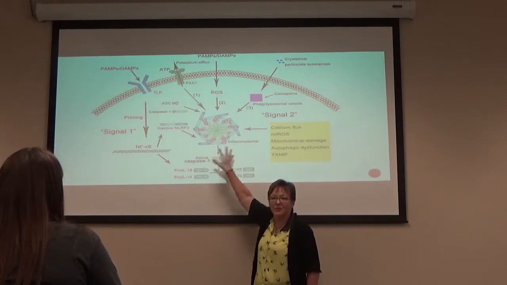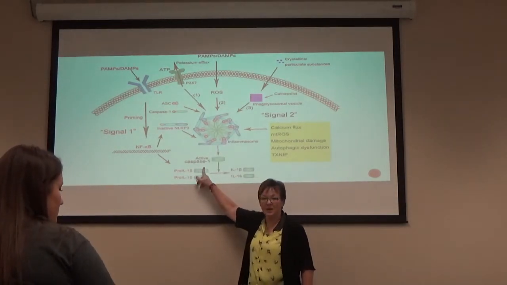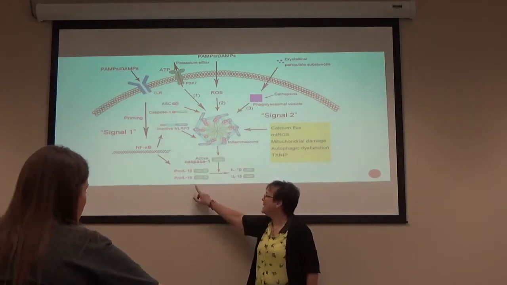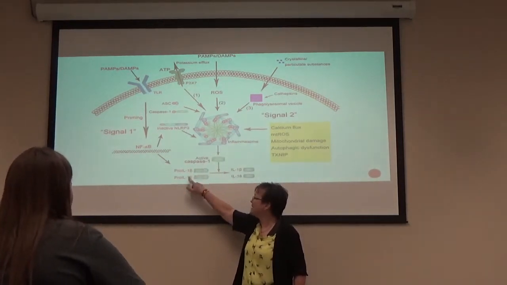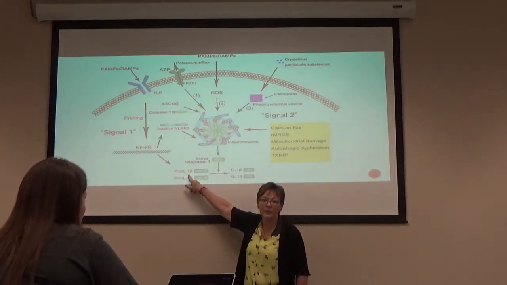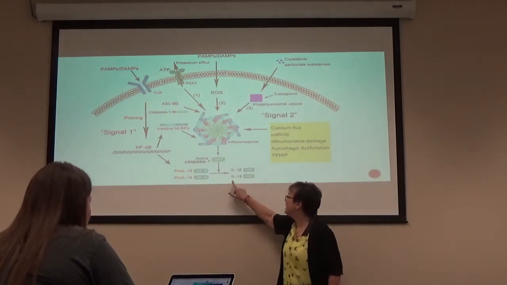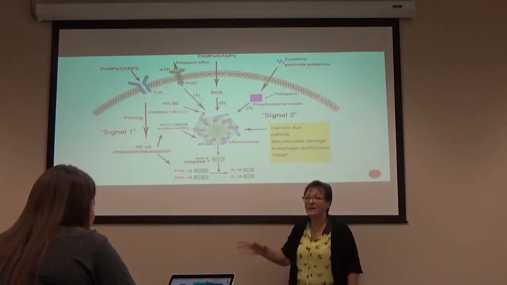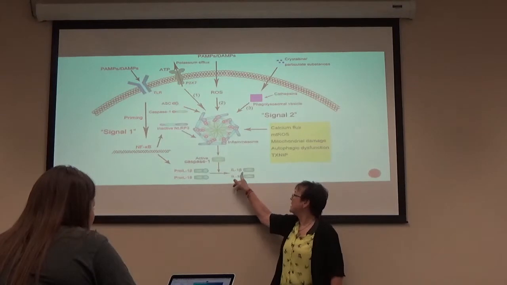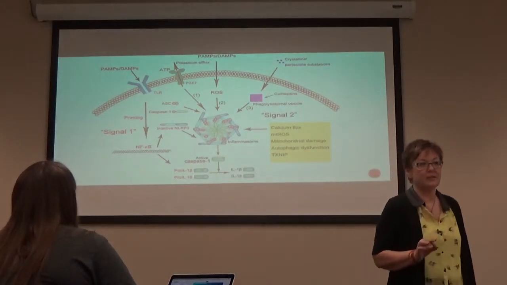When that pinwheel or complex forms, it activates that enzyme I talked about, caspase, and that enzyme converts these two pro-inflammatory interleukins, 1 beta and 18. They become activated, and interleukin 1 beta is the primary cytokine in gout.